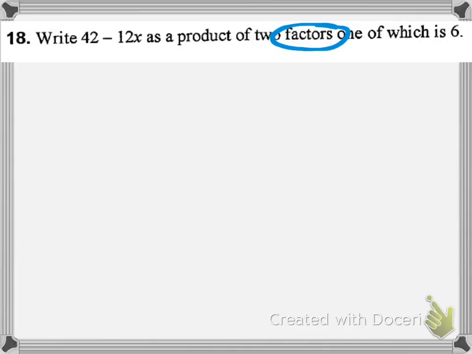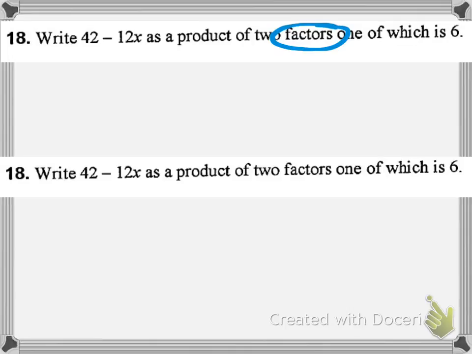So what we're going to do with this is we're going to go ahead and take this and look at what we have here. We have 42 minus 12x. And we're going to write that as a product of two factors, one of which is 6. So we're going to do 6 times something. So 42, we can do a factor tree.